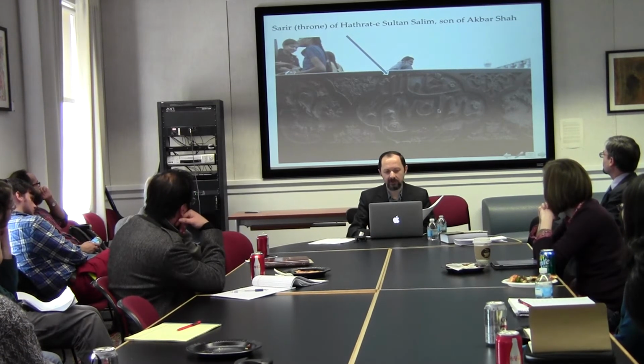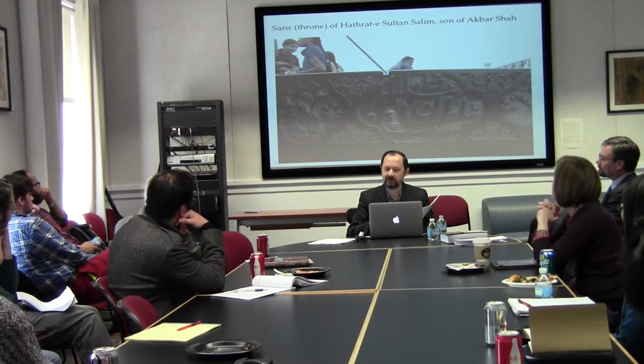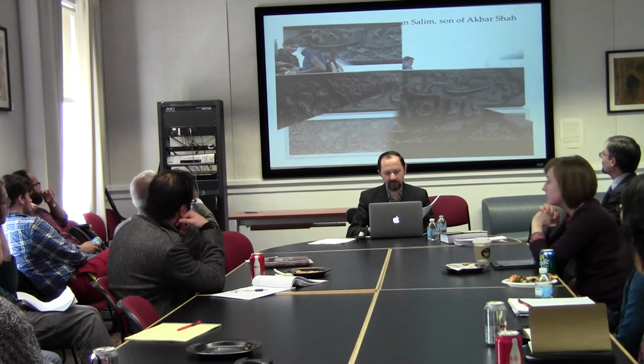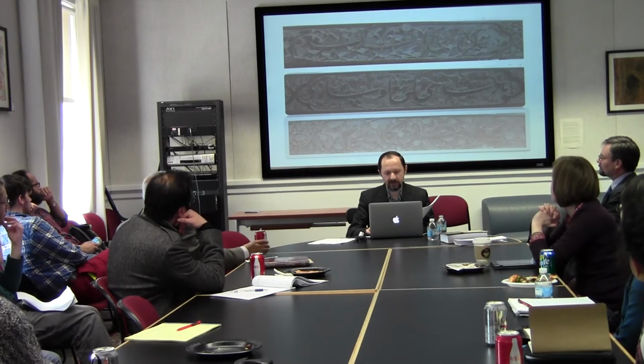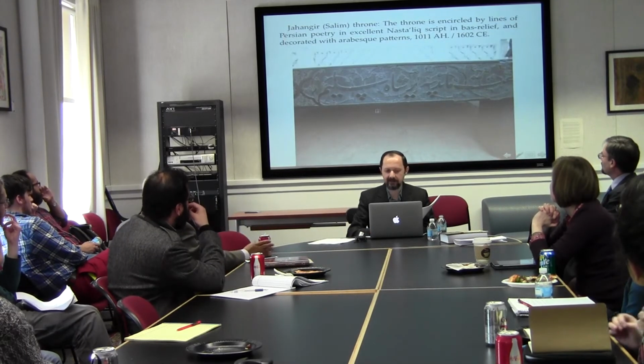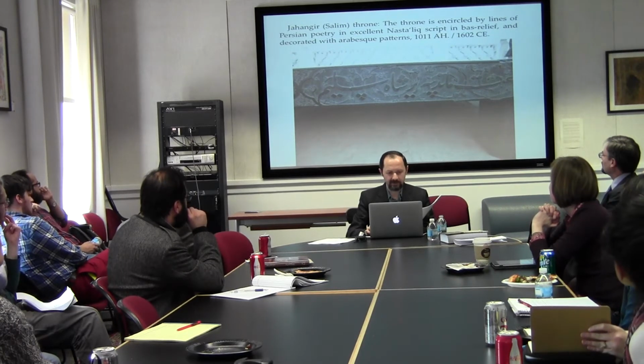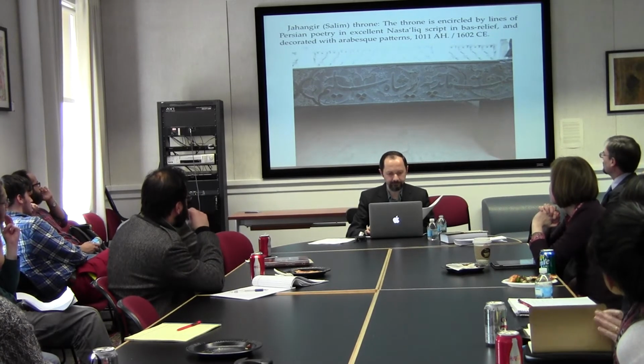This throne belonged to him when his name was Salim, and after this it changed to Jahangir. In parts of them they added this name again after this, when he was a king.